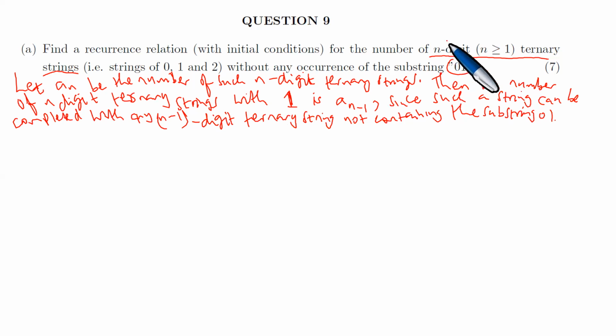So we are looking at the n-digit ternary strings, and we are removing the substring 01. If we are removing the substring 01, then the number of the n-digit ternary strings with 1 is a_(n-1). We're removing a string.